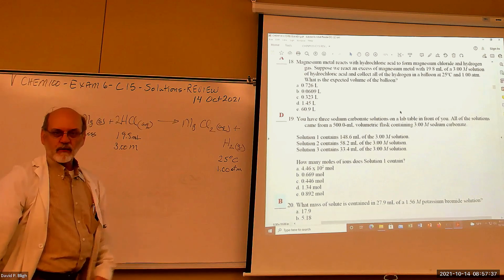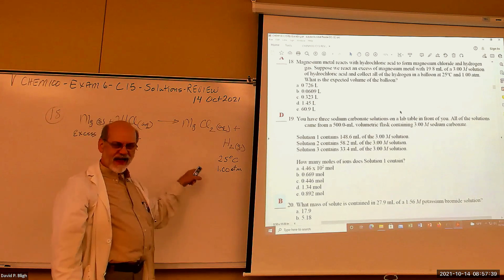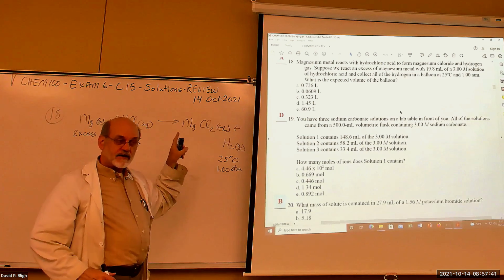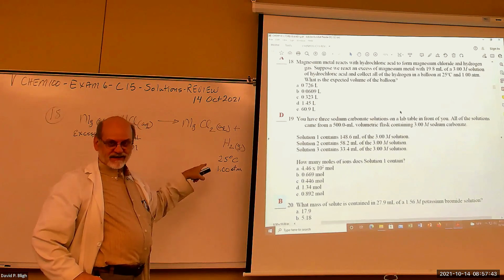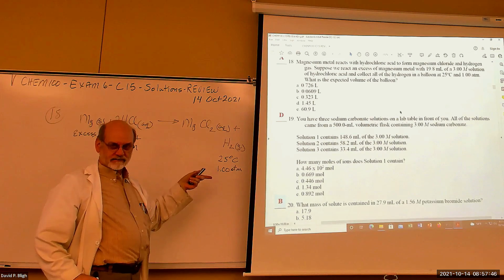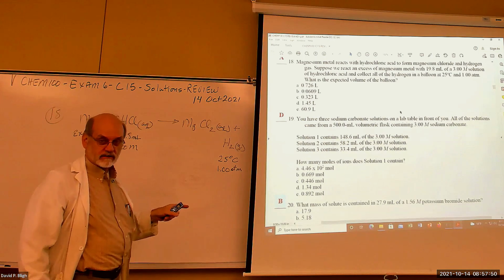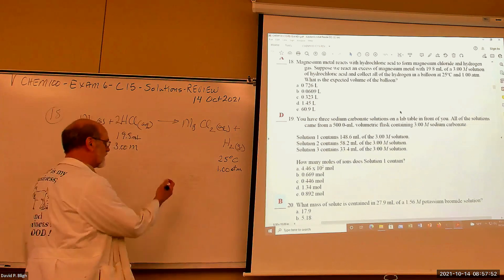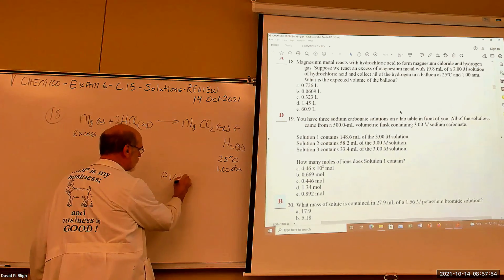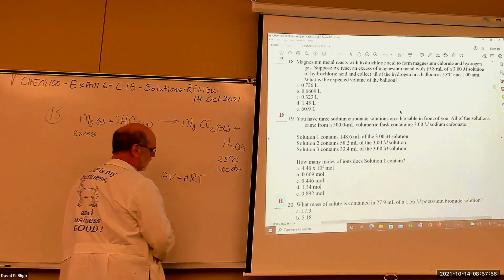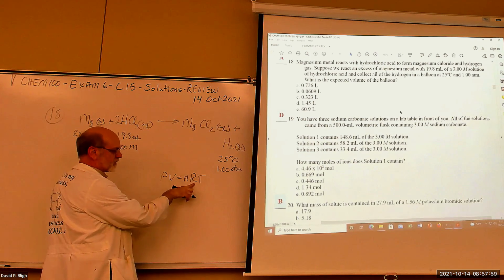Now let's work this problem backwards. If we're looking for the volume of a gas, and this is a state, not a before and after, then we need the ideal gas equation. PV equals nRT. So we know what R is, it's a constant.